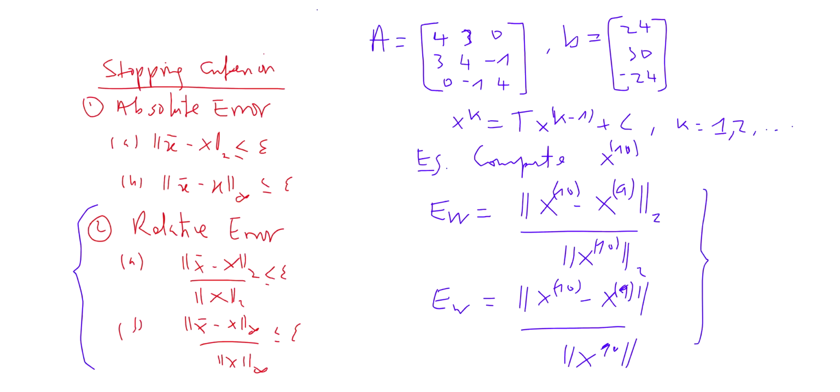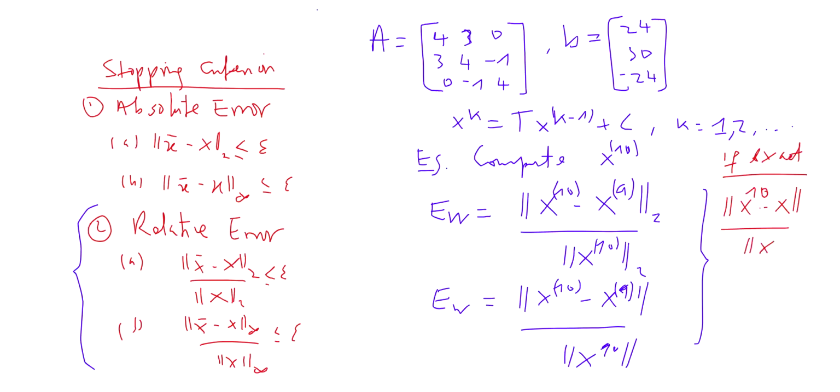Of course, in some cases you know the exact value. If you know the exact value, then all you have to do is, if you stop at 10, subtract from the exact, and this is exactly the definition.